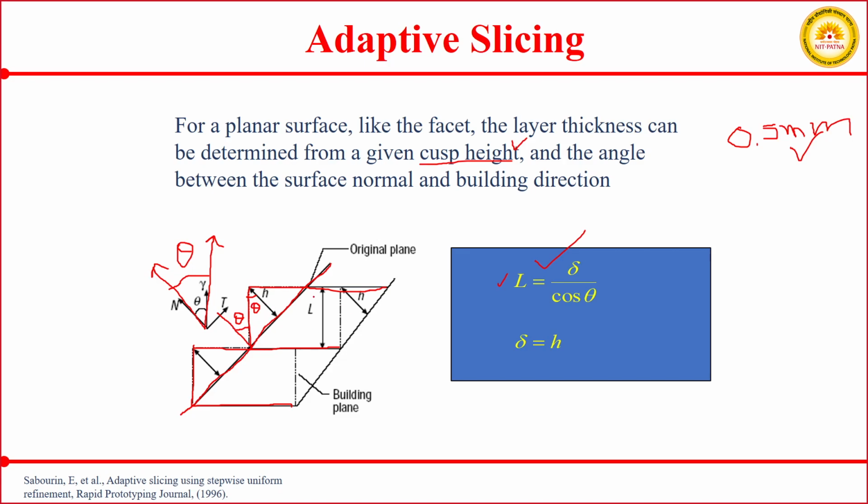Since this value is L and this value is L, you can calculate H equal to L cos theta, or the layer height L equal to H upon cos theta. This way you can calculate the layer thickness, the height through which your layer should be printed on your previously printed layer.